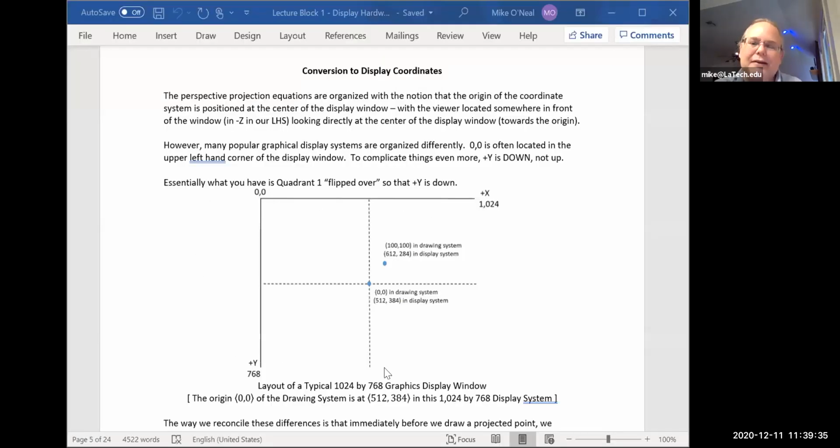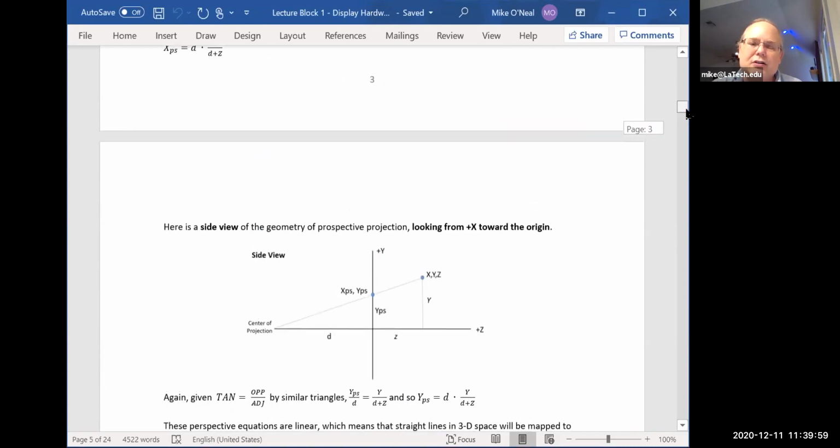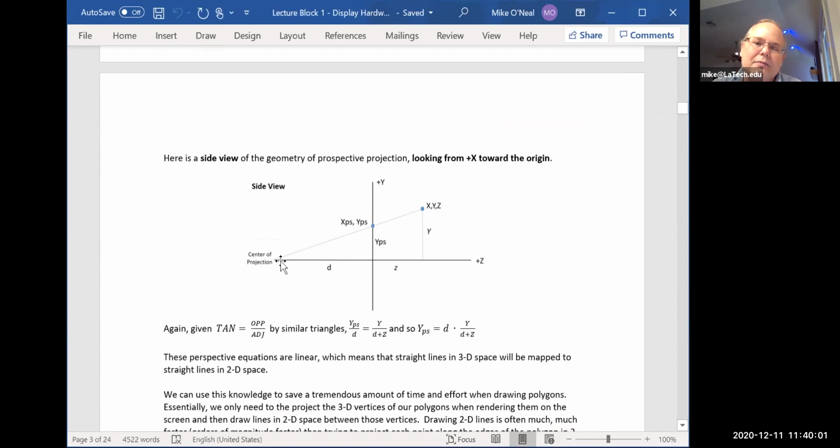But this is what I have to display it on, a flat pixel grid. So somehow 0, 0, the middle of the screen, is where my origin is in the world coordinate system, in the system that I was talking about when I'm talking about these projections, right?